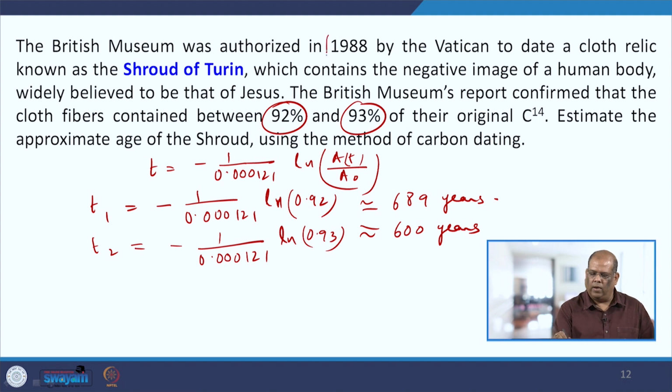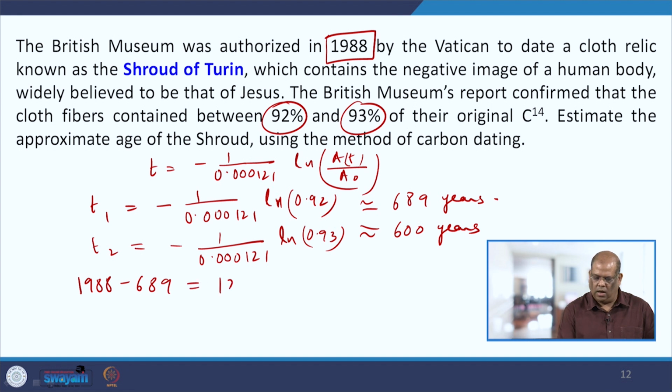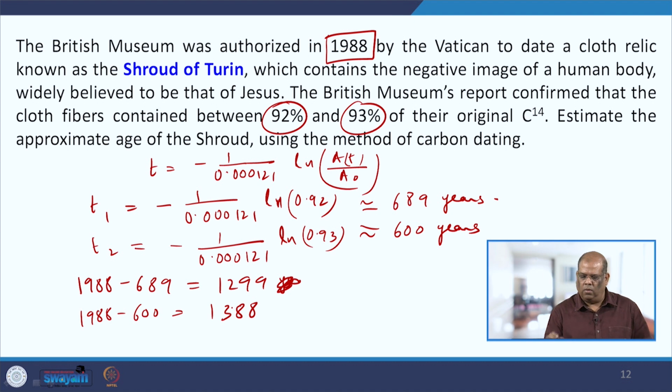So, they were authorized in 1988. If I write 1988 minus 689, that gives me 1299, and 1988 minus 600 gives me 1388. So, they concluded that the Shroud of Turin is between 1299 and 1388 AD.